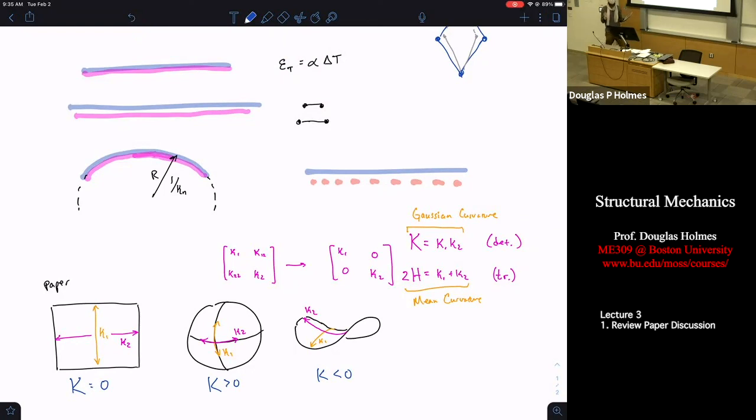What Gauss said and proved is that it is impossible to change the Gaussian curvature of an object without stretching or tearing or putting holes in it. You probably know this.